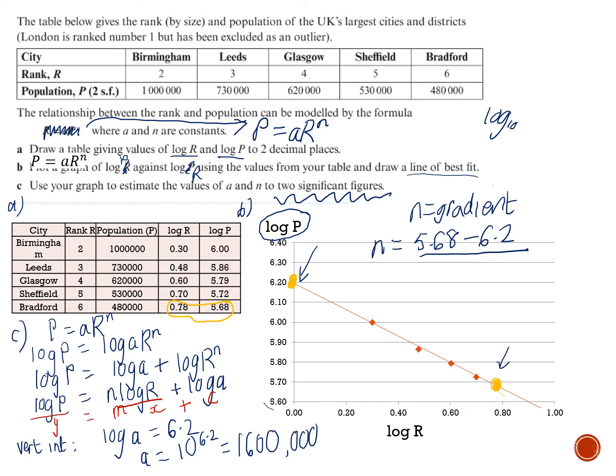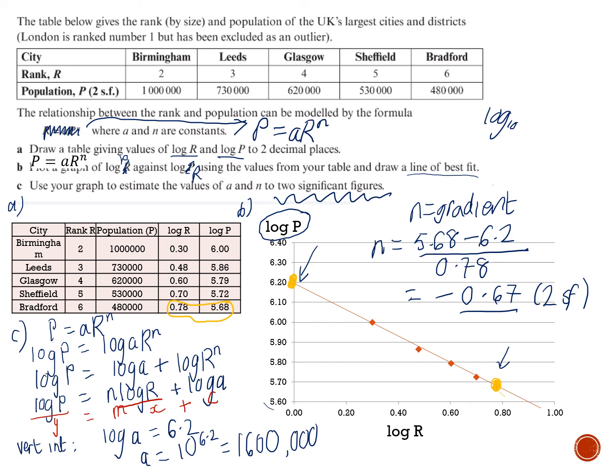Well, x goes from 0 up to, read it from the table, 0.78, so 0.78 minus 0 if you want. And if you pop that in your calculator, minus 0.67 to two significant figures. Now, we don't need to unlog that or anything, because that is actually equal to n when we compare it with our original form of our equation.